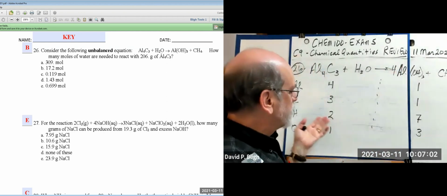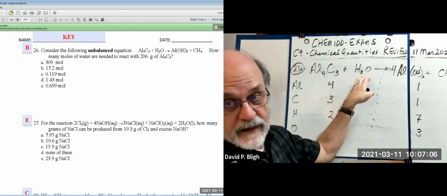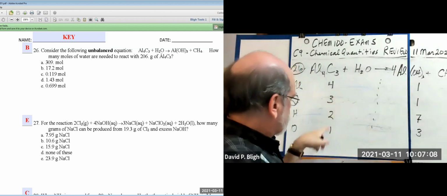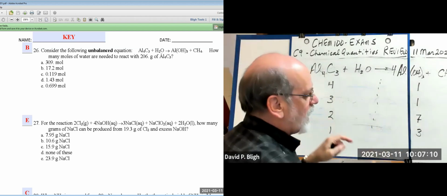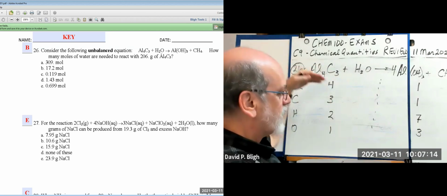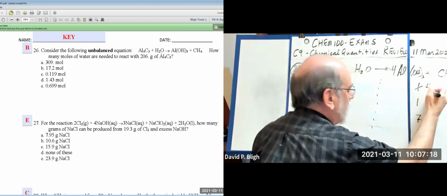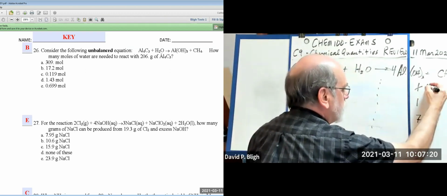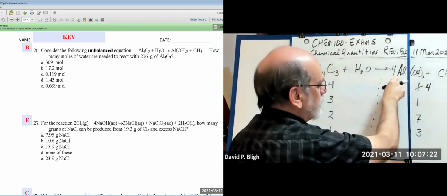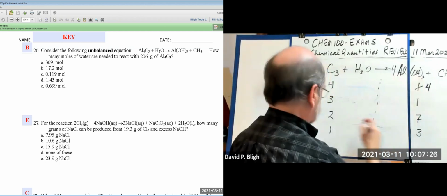If there's no obvious place to start, and we're going to keep water till the end if we can, even though this is an even and that's an odd, it might work out in the end. So starting at the top is not a bad choice. 4 aluminum. Now that changes the number of oxygens. So 3 times 4 is 12 oxygens.